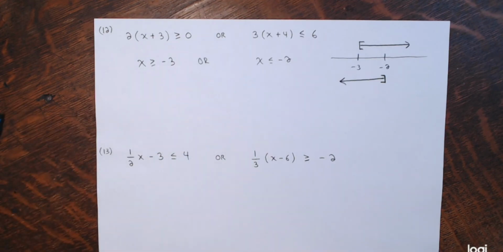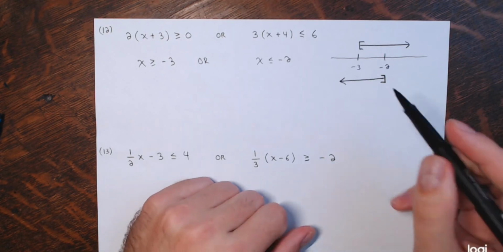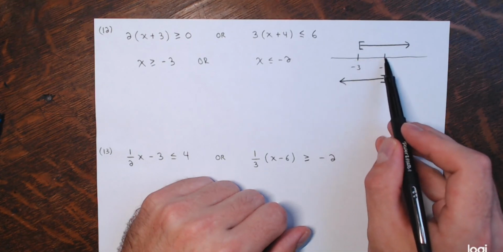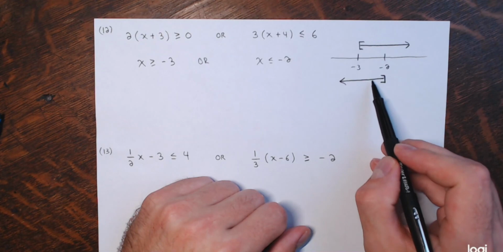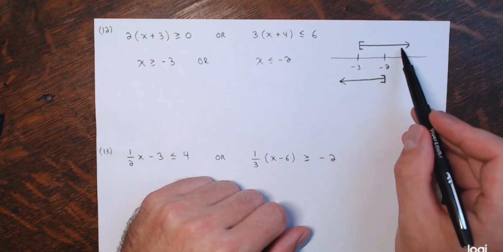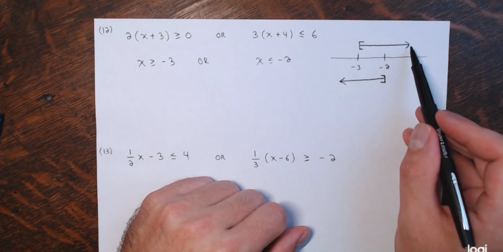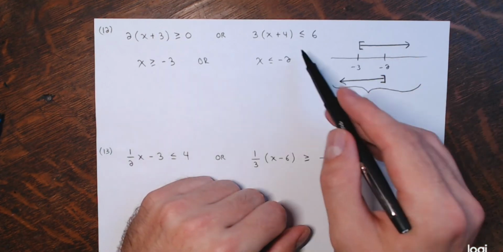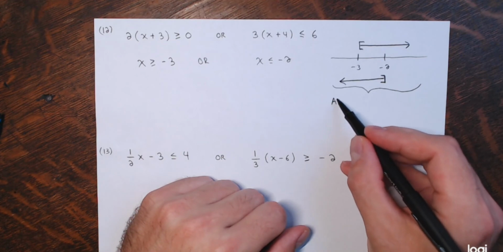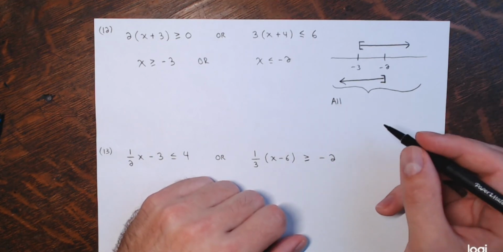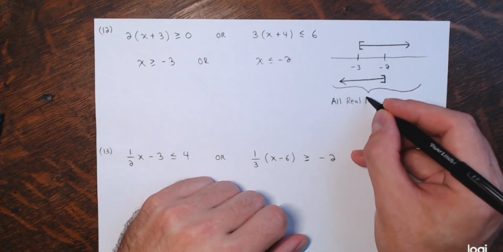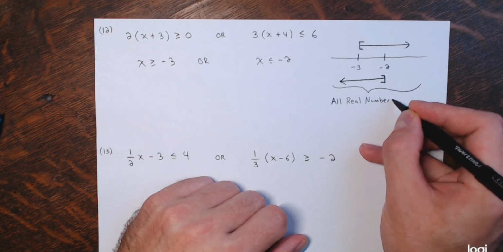At least one. Well, look, all the numbers to the left of negative 3 satisfy the second one. All the numbers between negative 3 and negative 2 satisfy both, and all the numbers to the right of negative 2 satisfy the first one. So looking at this picture, instead of circling this, I'm going to say, hey, every real number is a solution of this compound inequality. So all real numbers are solutions.